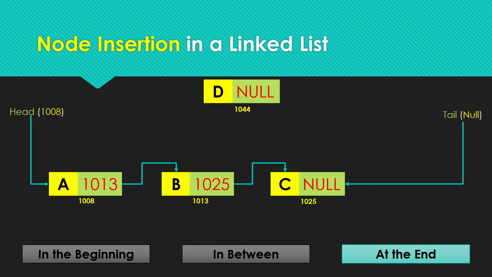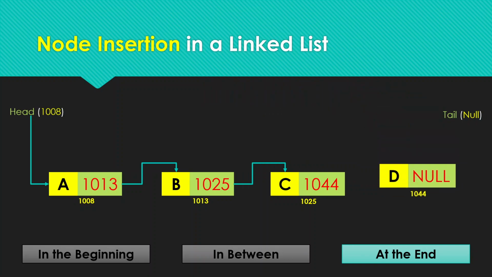So what do we do? We point c.next to our new node. So it's going to point to 1044, right? That is what is going to happen. And finally, of course, by default, our next was null, so we're not going to change anything there.